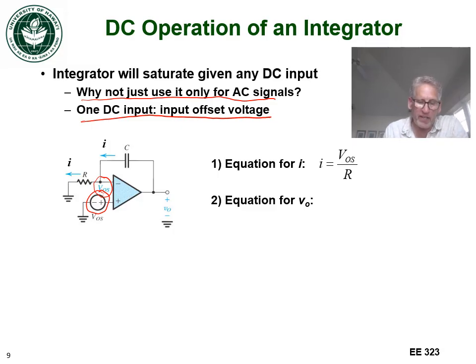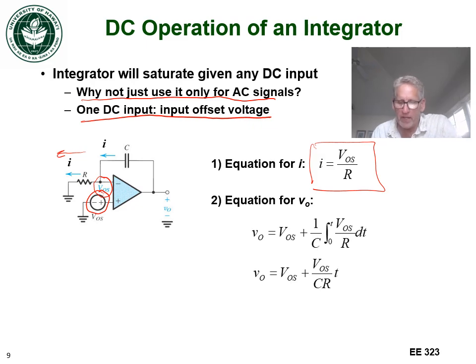So we're going to get a current flowing to the left that's equal to VOS over R. That same current will flow through the capacitor. And so what we'll get is that Vout is VOS plus 1 over C times the integral of VOS over R. And since VOS is constant, or DC, the output voltage here is just some initial condition VOS, and then VOS times T over RC.